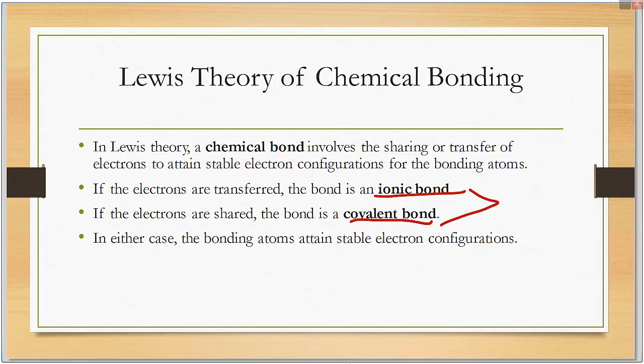With the ionic, one atom completely gives up its electron to another atom. With the covalent, both atoms share the same electron. In either case, the bonding atoms attain a stable electron configuration.